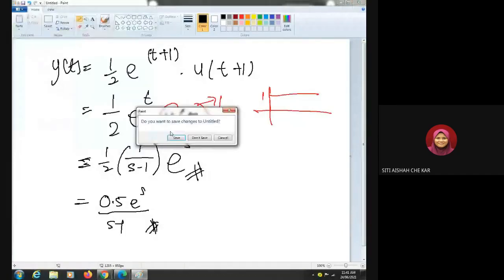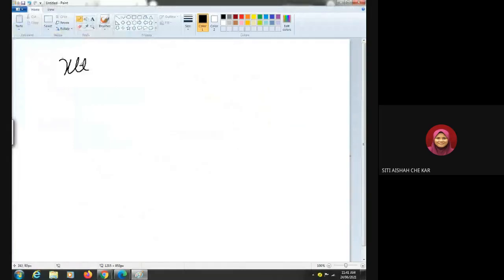Let's say our xt is equal to... Okay, kalau sini you akan nampak shifting, ada shifting kan. Dekat T ada minus 1 sama dengan ut minus. Okay, first you close dulu plus 1 tu.